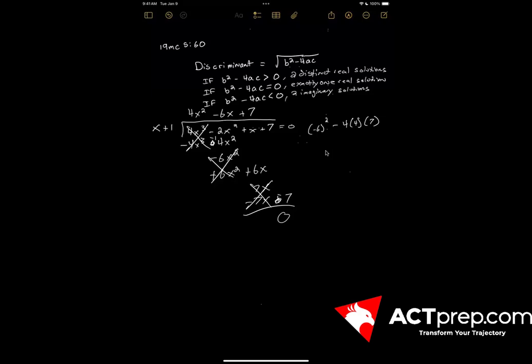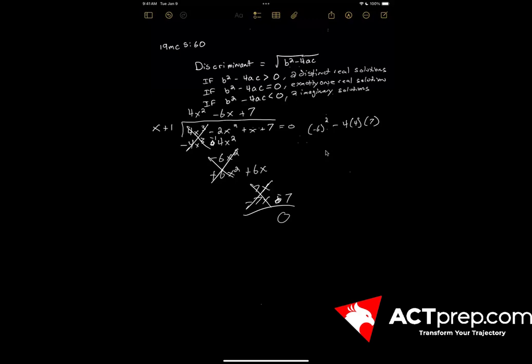If b squared minus 4ac is greater than 0, we don't need to do anything else other than know that there are two distinct real solutions. If b squared minus 4ac is equal to 0, there is exactly one real solution. And if b squared minus 4ac is less than 0, then there are two imaginary solutions.